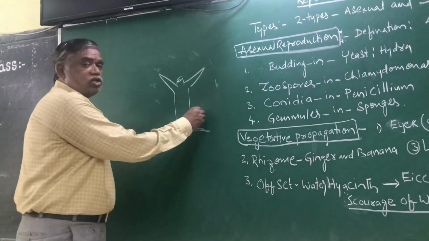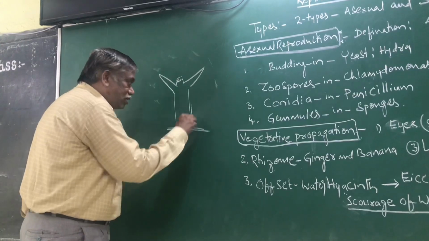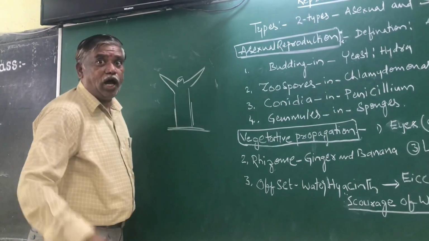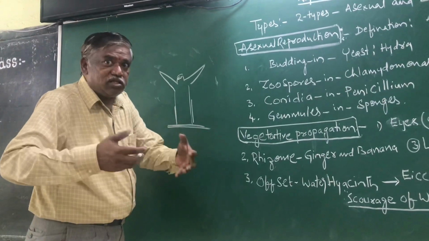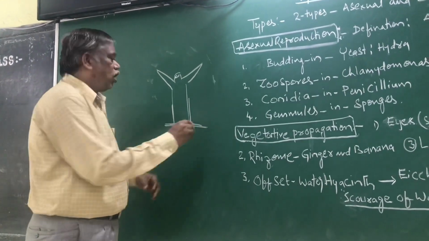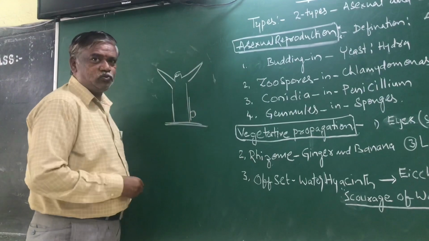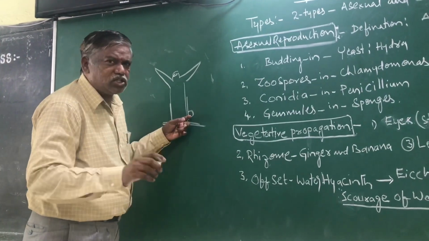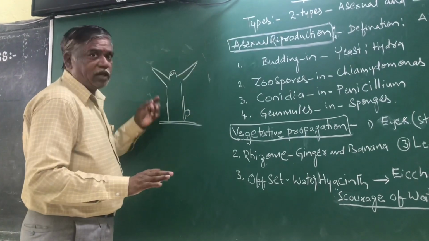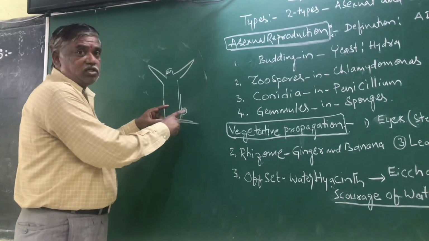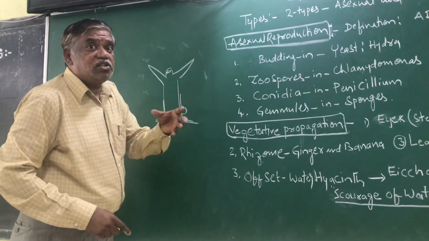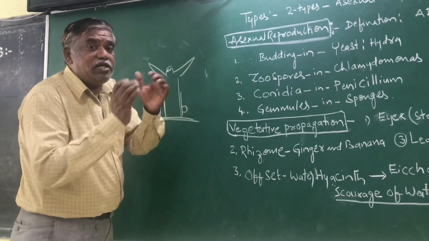Now, when the conditions are favorable, the basal part of the body undergoes mitosis. Due to mitosis, the cell number increases and forms a small bud. This bud appears just at the basal part, not the entire body. That means only here mitosis will occur. This mitosis causes multiplication of cells, so a bulge will be there.